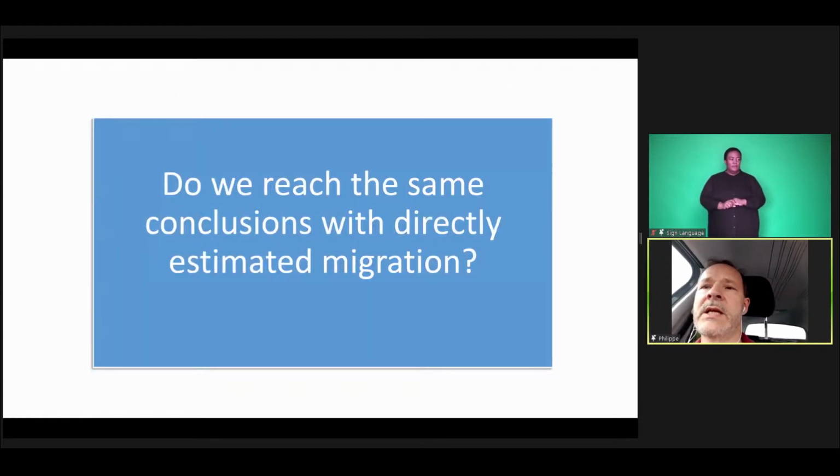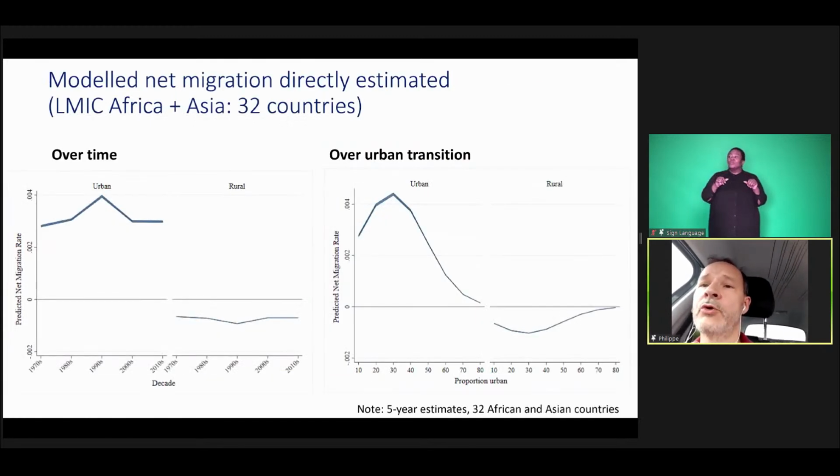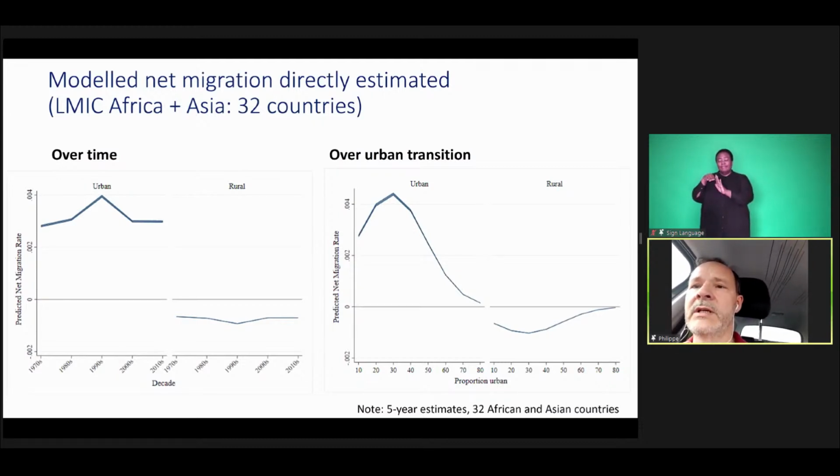Next. Yes. So do we reach the same conclusion with direct estimation? Well, for the sake of time, I will concentrate on the right-hand side graph, and you see that also the conclusion from the direct estimation is that the migration is declining steeply after 30% urban.